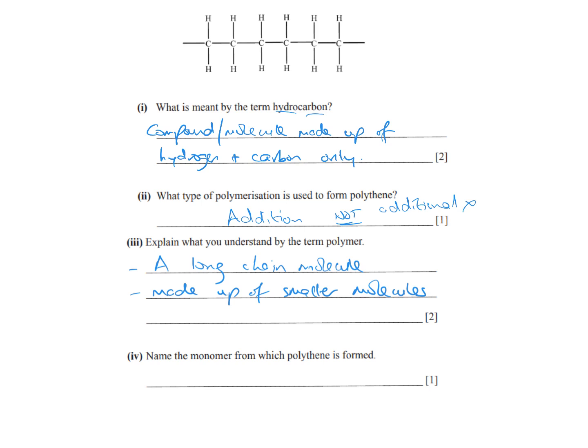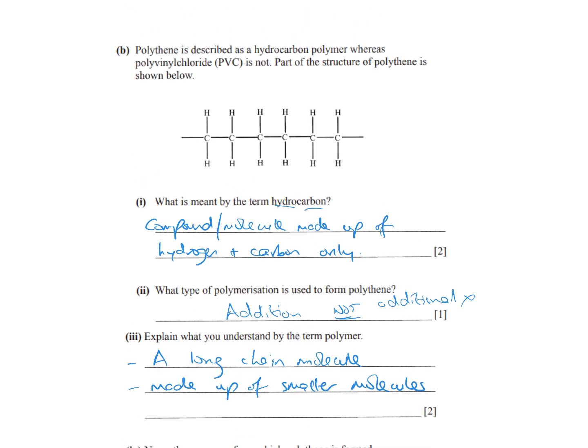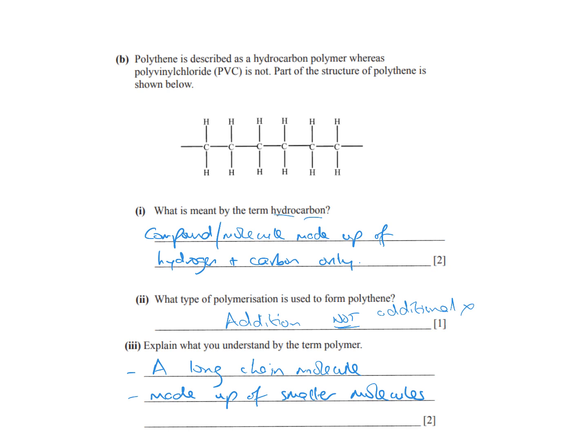Part 4, name the monomer from which polythene is formed. Well, this is actually polyethene. And if we go back up to here, the monomers used to make the polymers are always based on 2 carbons. So if we take here and here, then the monomer is going to be the 2 carbons, but now with a double bond.